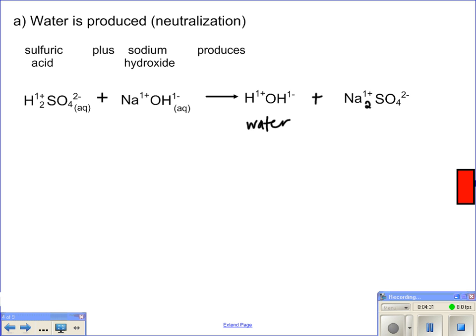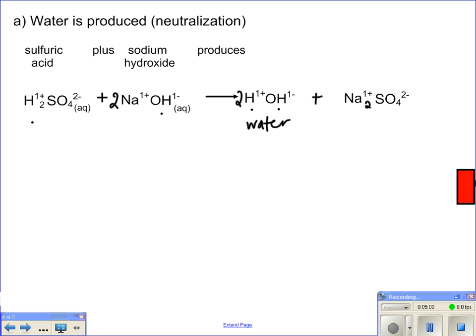So we can balance it by cation and anion, which is nice. Our cation, H plus, on the left has 2 of them, but on the right-hand side, it only has 1. So we can put a 2 in front of the water. Now what that does is it creates 2 hydroxide anions, but if we look at the hydroxide anion on the left, there's only 1 of them, so we can clone it and create 2.